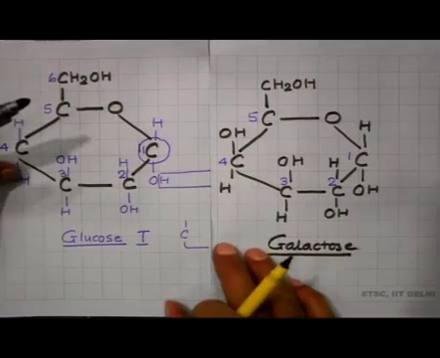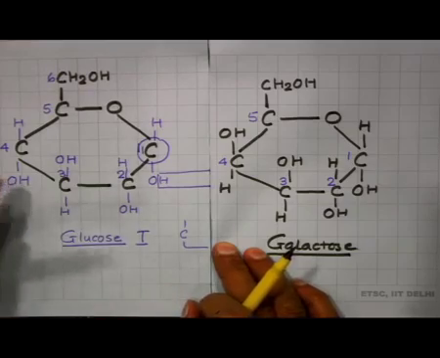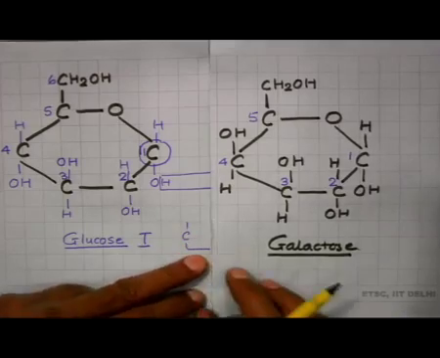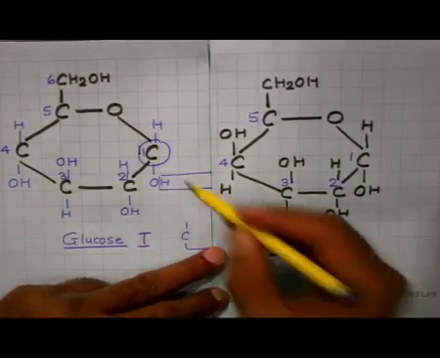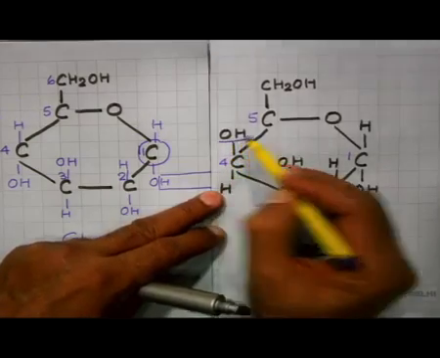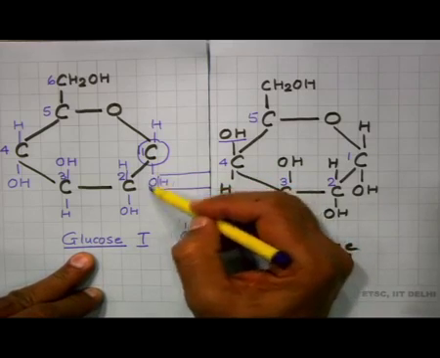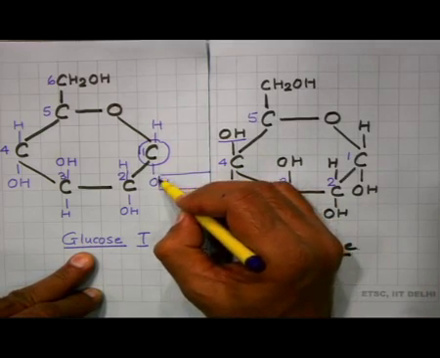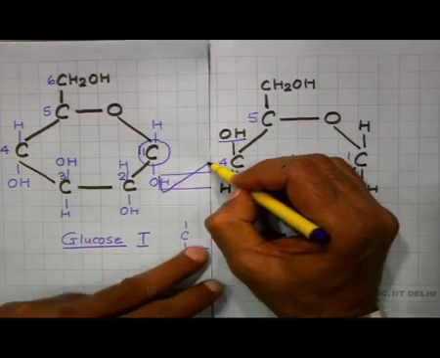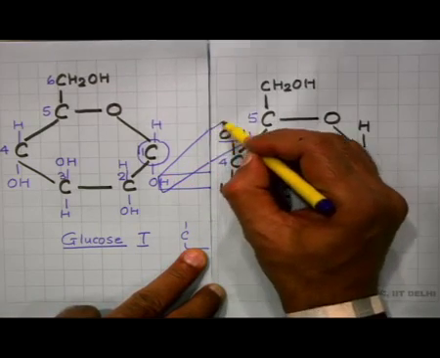When you know both the ring forms of glucose and galactose, you can write the structure of lactose. Here at the fourth position, OH is at the upper side, at the 1 position of glucose, OH is at the underside. So, at the time of formation of the water molecule, H and OH are removed.